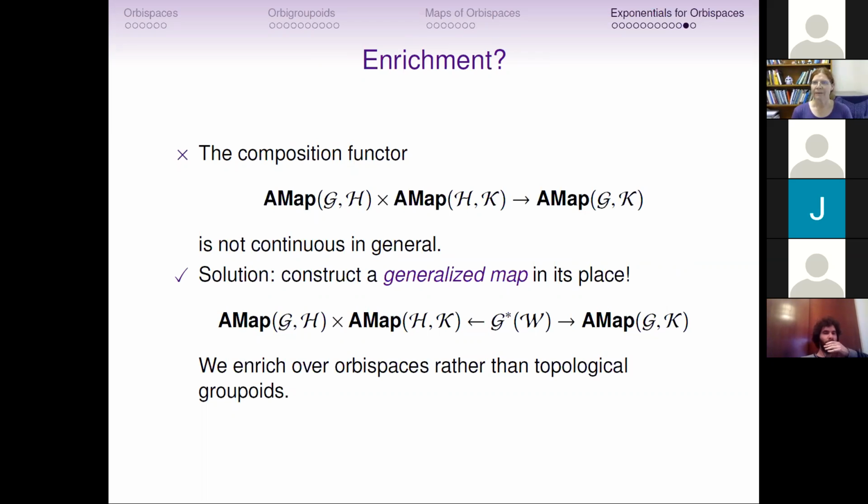But then we realized that it was continuous if we enriched over Orbispaces rather than topological groupoids, meaning that we can get a continuous generalized map from the product A map GH and A map HK over to A map GK, if we're allowed to put something in the middle, which we've been doing all along. So we can get this to be nicely enriched over Orbispaces. And yeah, I think I'm pretty much out of time, so I'll stop there.